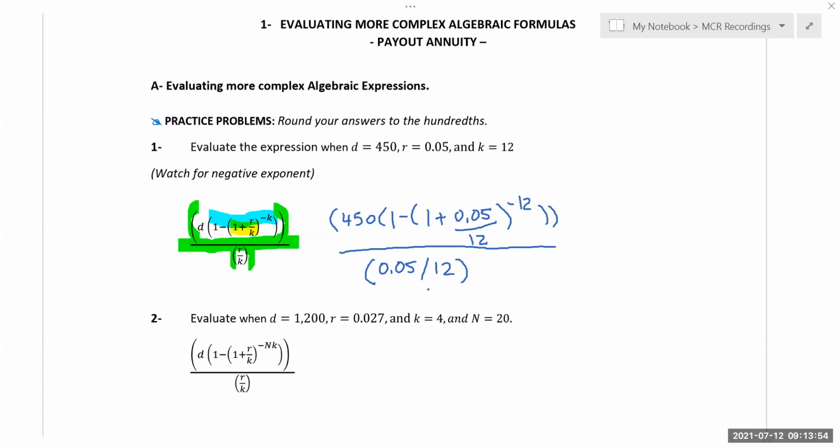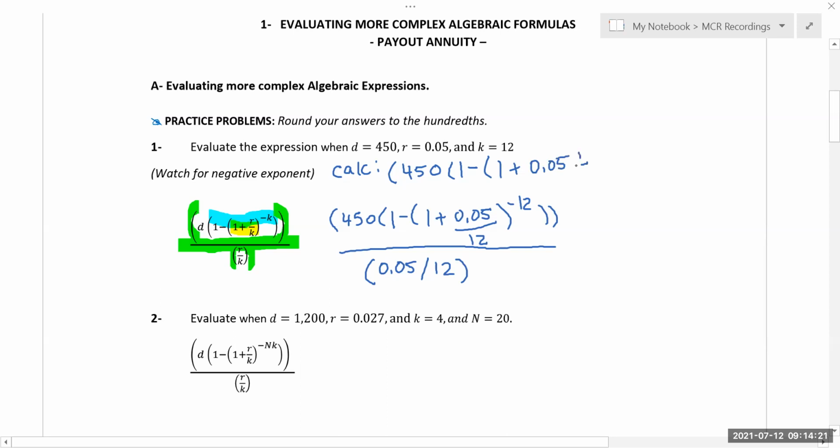So how this is going to look in the calculator, you can type it as you see it. You just need to put all the parentheses there. Or I like to go the inside first, then raise it to the power, etc. So it's completely up to you how you want to do this. But in the calculator, you can do it by doing parentheses, exactly as you see, 450, parenthesis, exactly as you see it, 1 minus, 1 plus, and then you don't need parentheses here because they aren't in the original either.